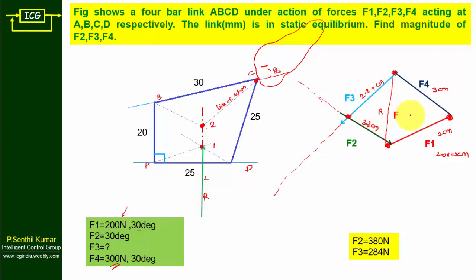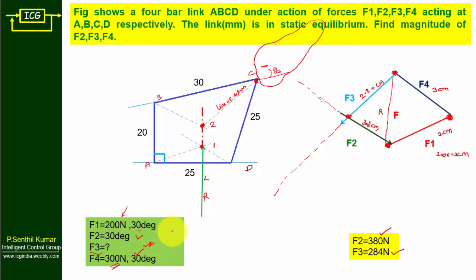So we know that 200 Newton equal to 2 centimeter, which means 3.8 centimeter equal to 380 Newton. And then 2.84 centimeter equal to 284 Newton. So this is how you can find the magnitude of F2 and F3.